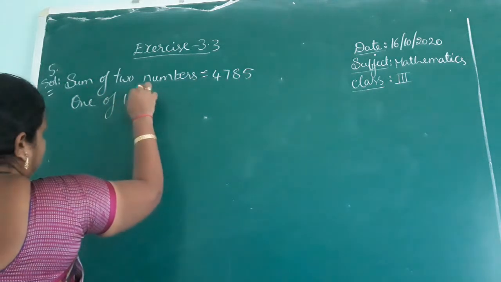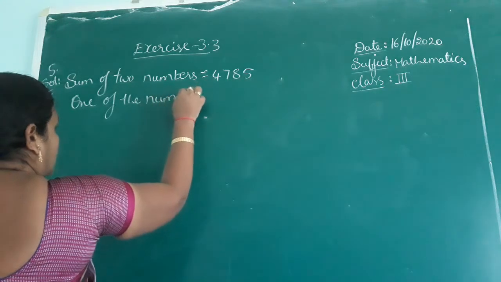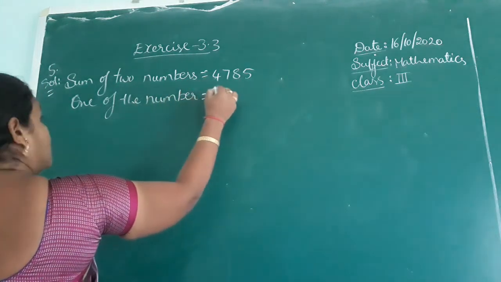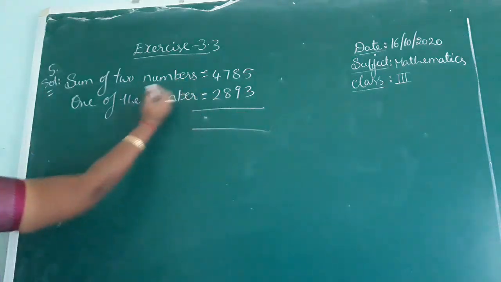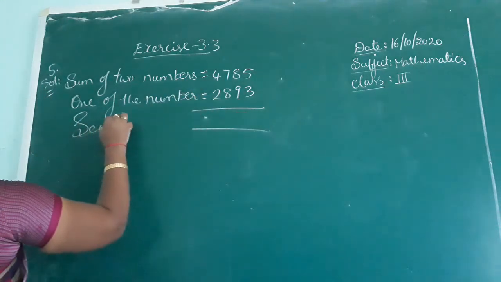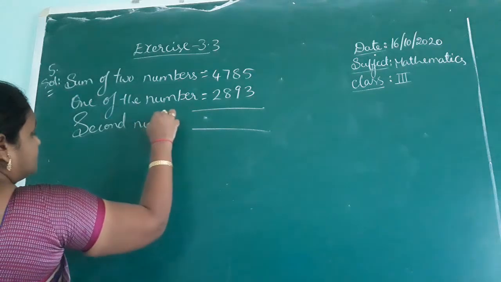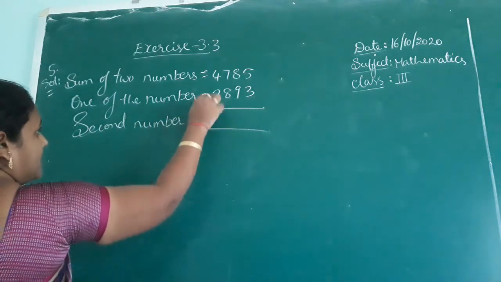One of the numbers is 2893, and they are asking what the second number is. What is the second number, children?